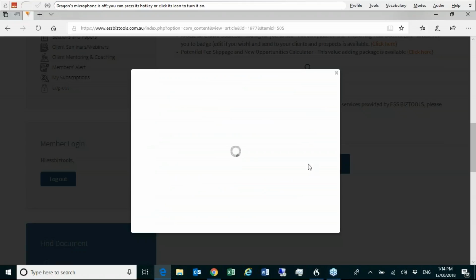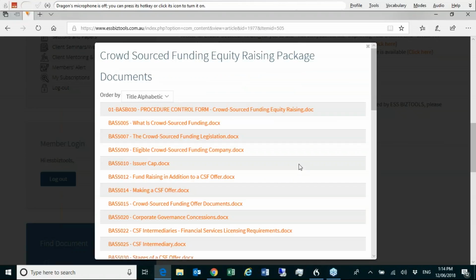Now the crowdsource funding material is based on the legislation that was introduced last year that became operational from January this year. This is on the premise that the proprietary limited company has converted to be an unlisted public company.